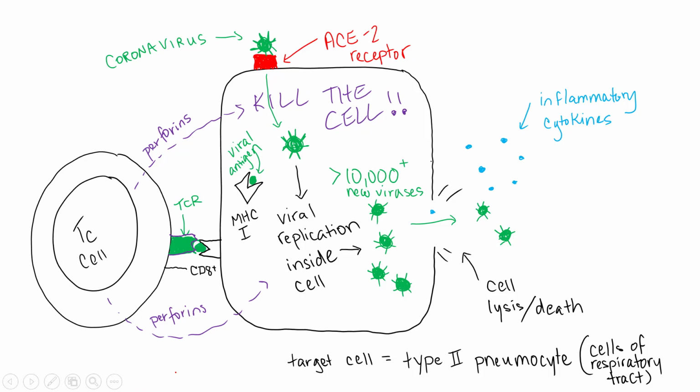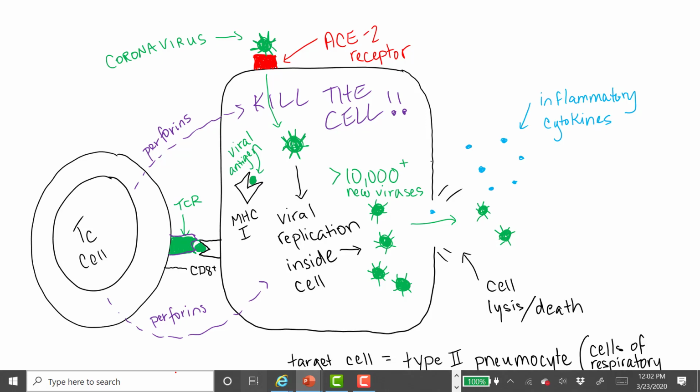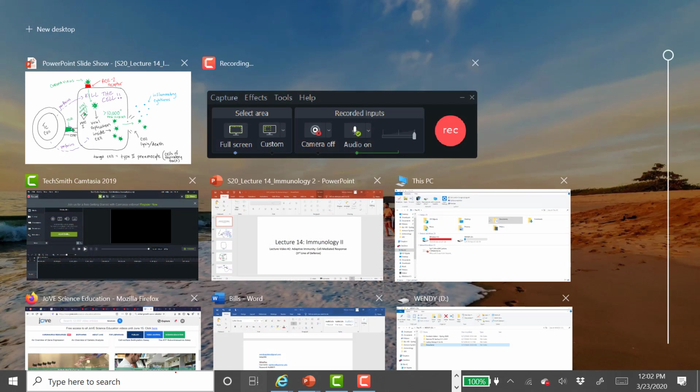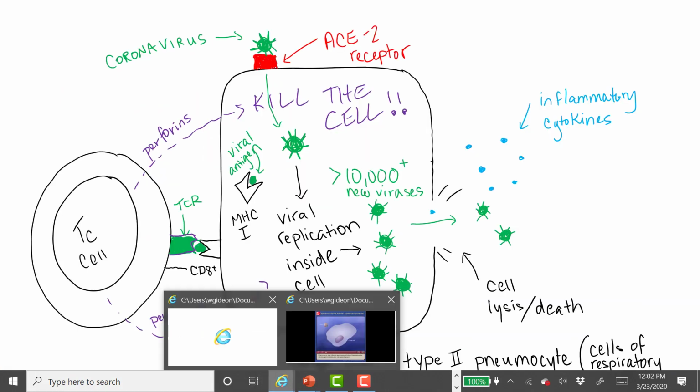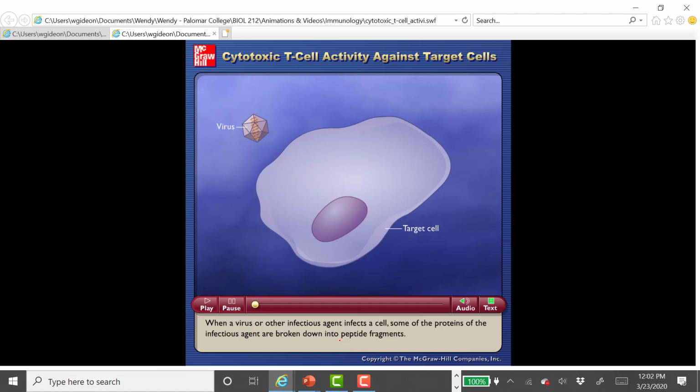I also have an animation of that process. Let's take a look together at that animation. Okay, I'll walk you through it here. Now they're showing the virus infecting a target cell, like what I was trying to draw for you. The virus gets inside of the cell, but some of the viral antigens get complexed to MHC1. And this is, again, on the target cell. So the MHC1 is complexed to viral antigen.